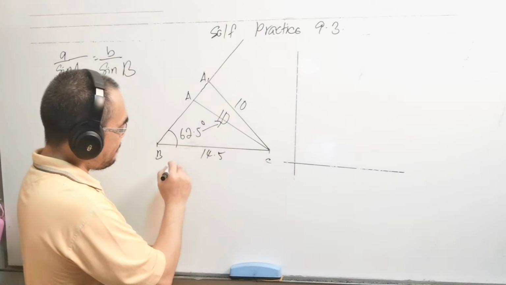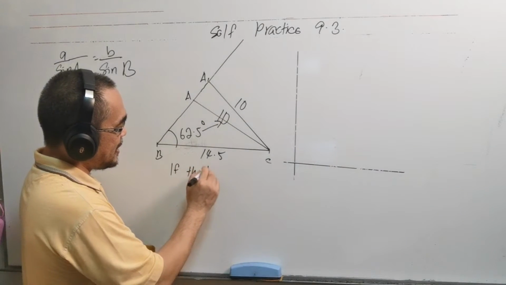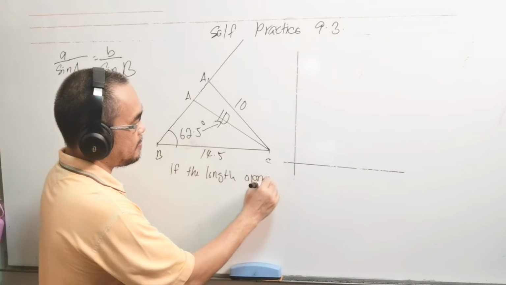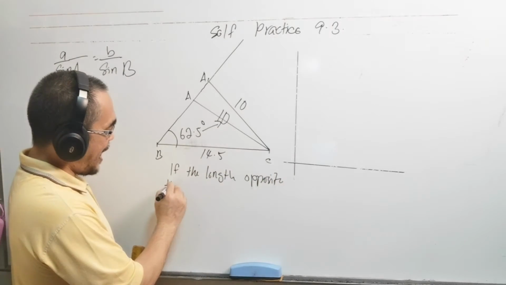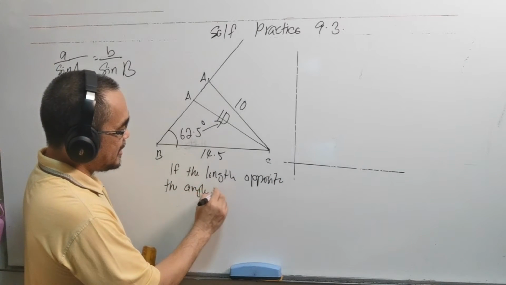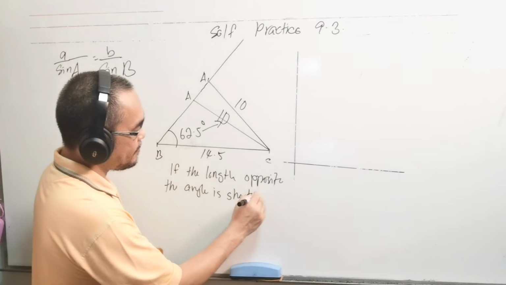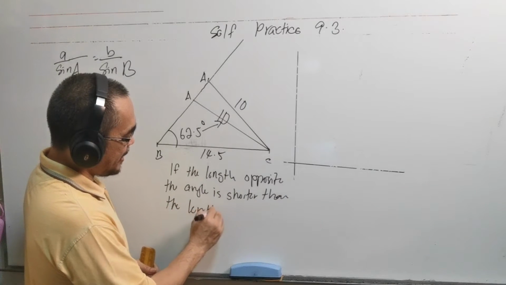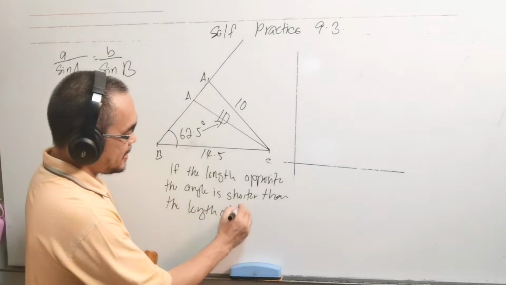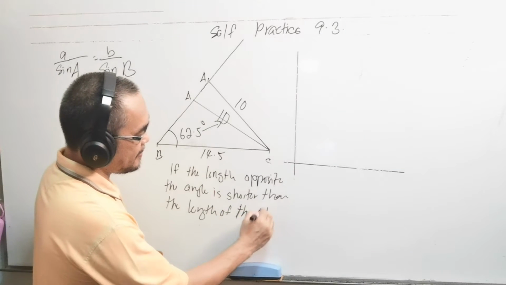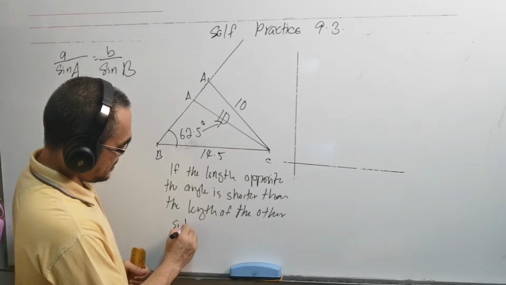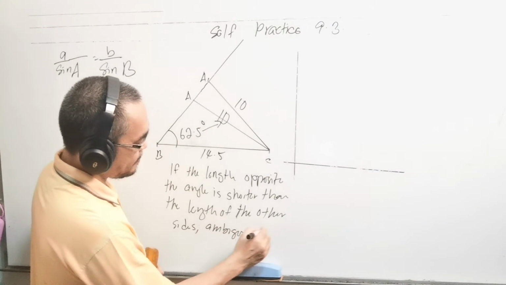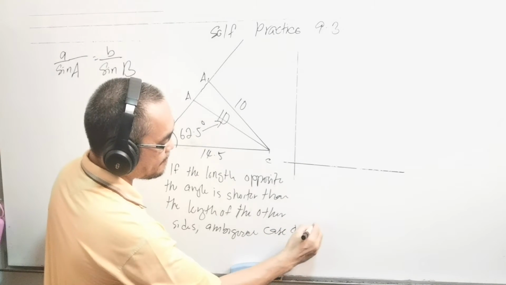Okay? If the length opposite the angle is shorter than the length of the other side, ambiguous case occurs.